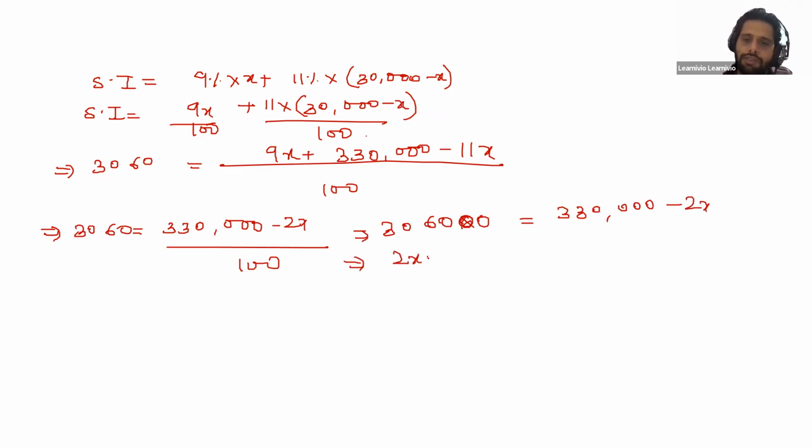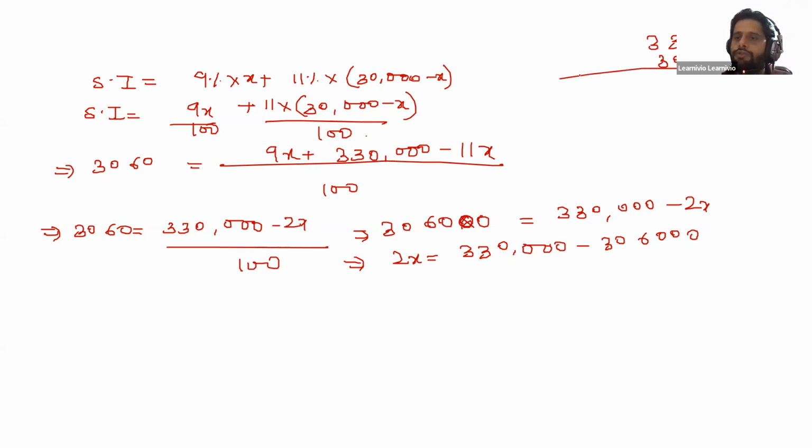So shift this to the left side. You will get 2x is equal to 330,000 minus 306,000. So what will you get? 330,000 minus 306,000. Subtract: 0, 0, 0, here you will get 4, here you will get 2. So we are getting 2x is equal to 24,000.